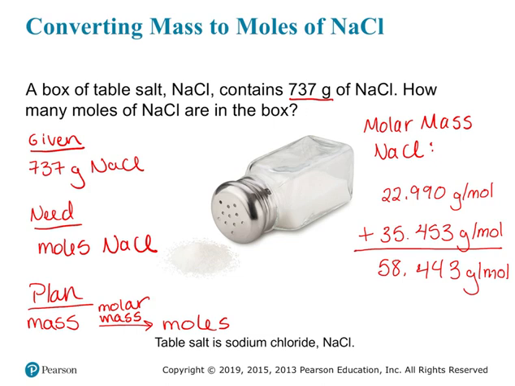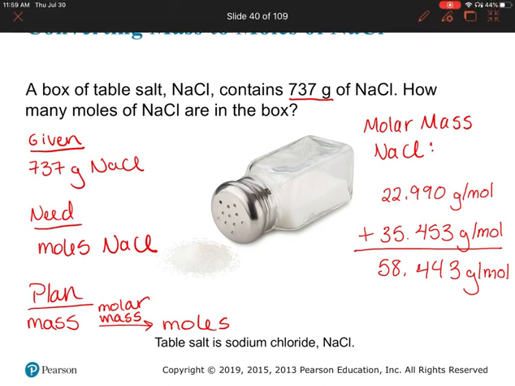All right, so now we have the molar mass of sodium chloride. So really, another way we could write this, we could say that there are 58.443 grams of sodium chloride for every 1 mole of sodium chloride. And now we can turn that into a conversion factor.